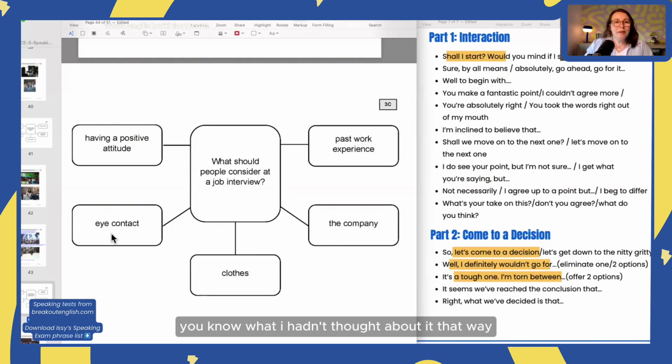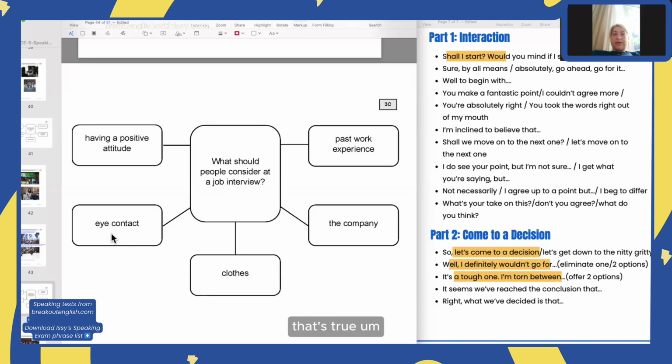You know what? I hadn't thought about it that way. It's true that if you maintain eye contact with the interviewer, it's a way of showing them that you respect them, that you're engaged in the conversation. But I guess some people also struggle with eye contact, so it's a tricky one, really.